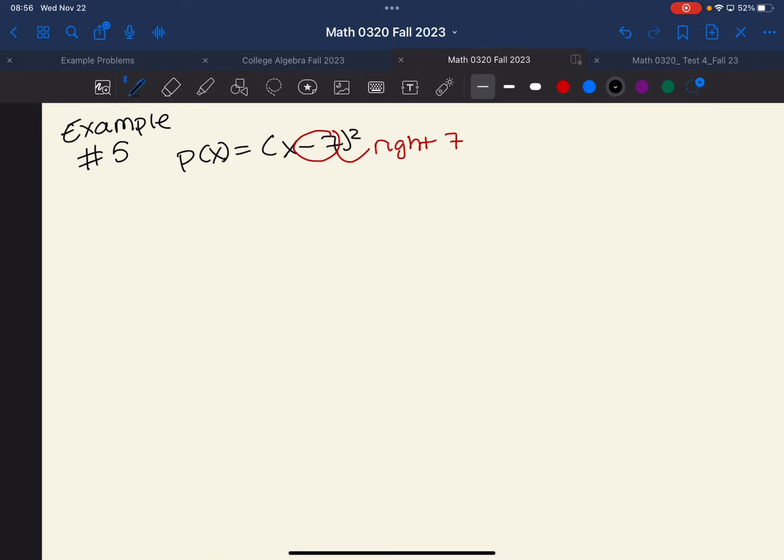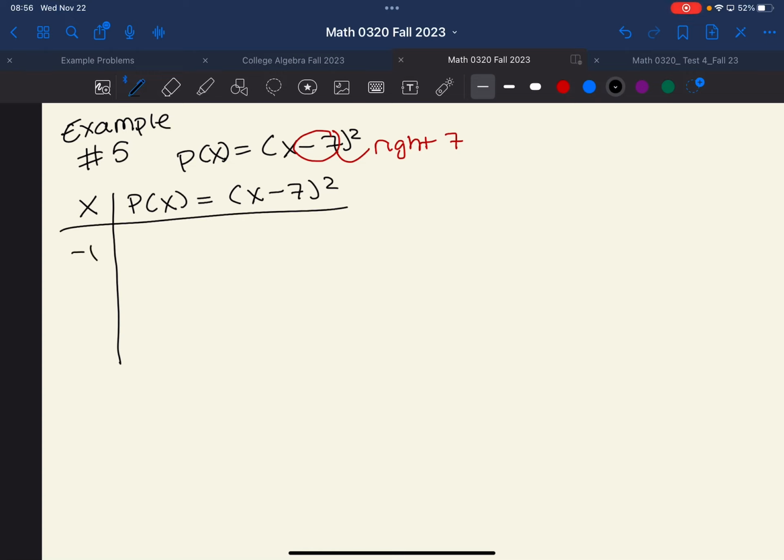So everyone should be setting up their table. I'm going to go ahead and set up mine. Remember, you can use any numbers you like. I'm just going to continue using my same numbers.